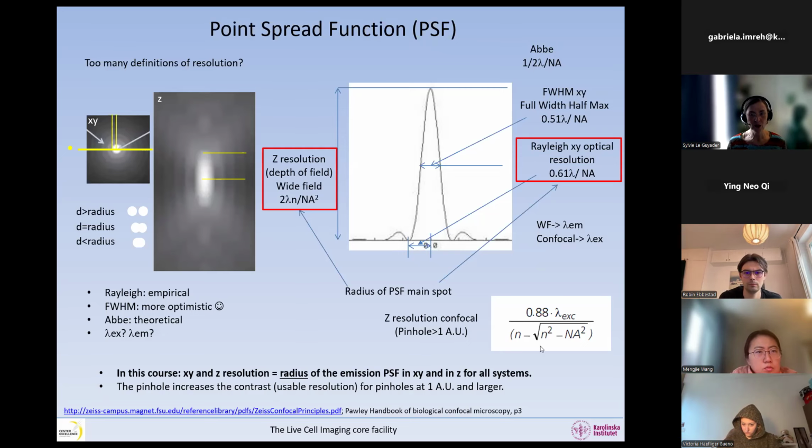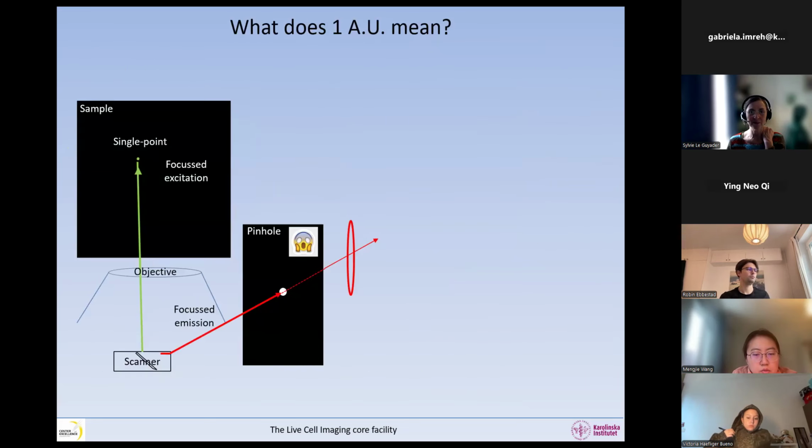So closing the pinhole has no effect on the XY resolution if the pinhole is open at more than 1 Airy unit. But it has an effect on the contrast, which is extremely useful, actually. If you have a low contrast, you can have excellent resolution, but you can actually not use it. So the contrast is clearly very important in microscopy, and we will talk about this later.